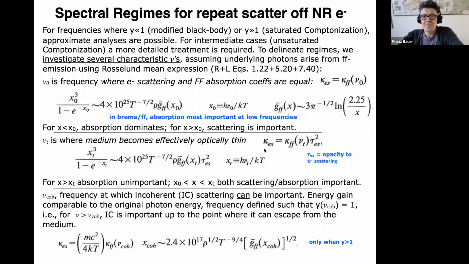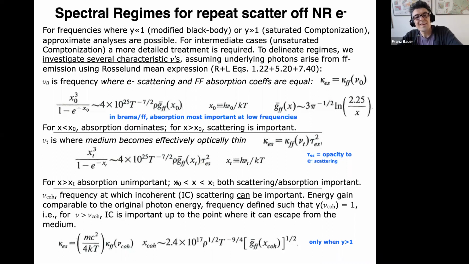In this regime, we have again the same functional form, but putting in this frequency, this will be roughly equal to this. So we have this extra factor of tau squared. In general, if the frequency is higher than this, then absorption is completely unimportant. We're in the optically thin regime.